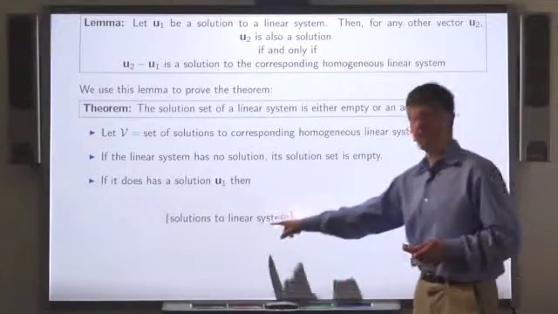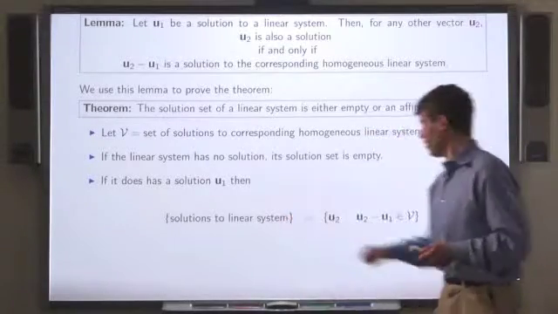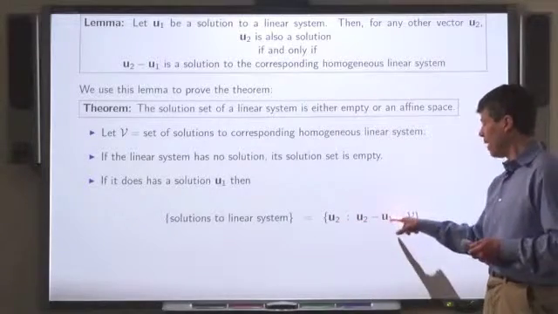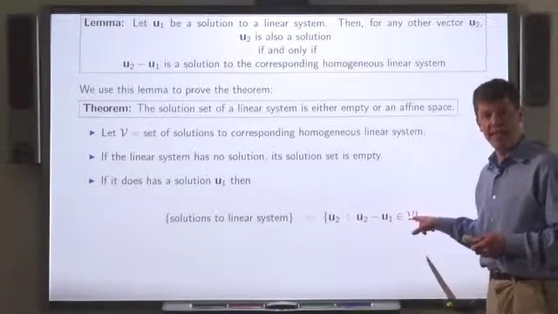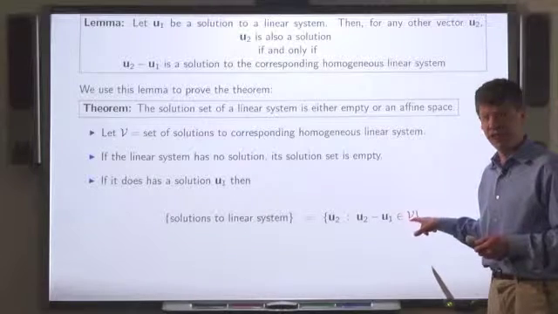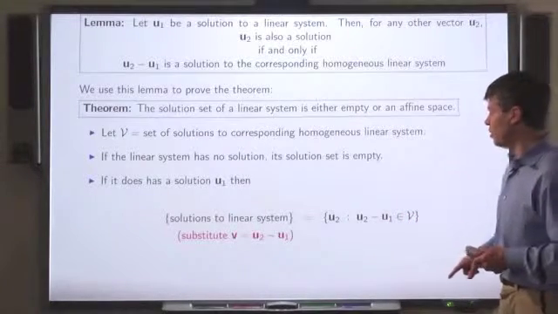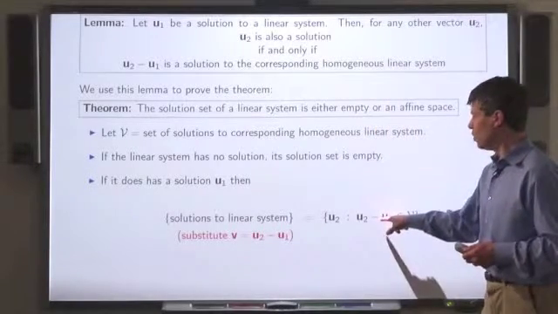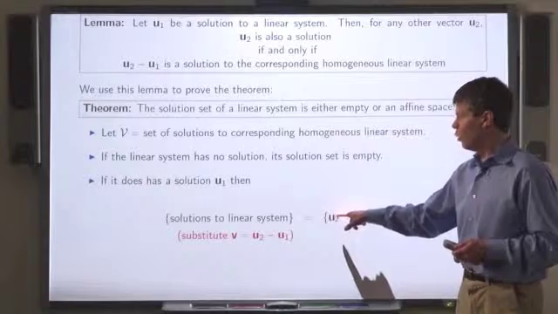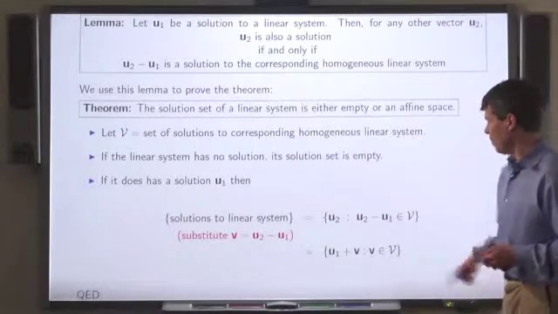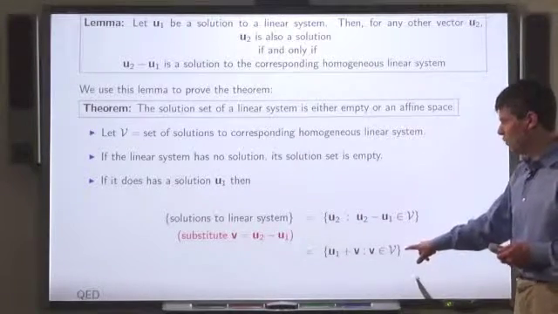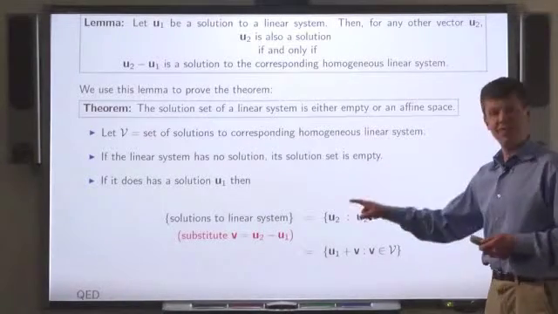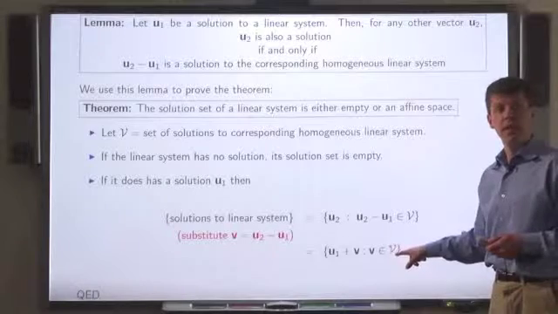And then the set of solutions to the linear system is the set of u2 such that u2 minus u1 belongs to the set of solutions to the homogeneous linear system. And we use a substitution. We substitute v for u2 minus u1, which means u2 equals u1 plus v. So we can rewrite this set in this way, and that proves what we wanted to prove, that the set of solutions is an affine space.